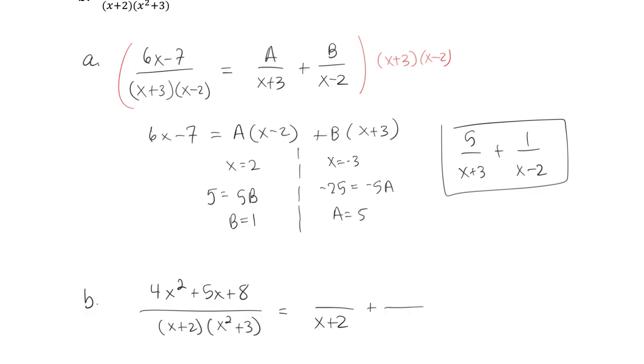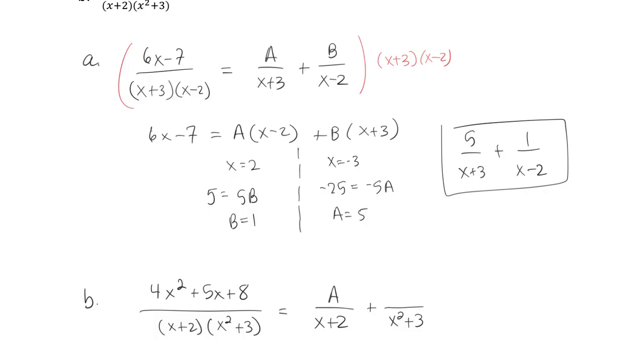One of the denominators is x plus 2, the other one is x squared plus 3. With linear factors, the numerator is always a single value like a or b or c. With an irreducible quadratic factor, the numerator is a linear expression, linear meaning y equals mx plus b. So we have a slope and a y-intercept, mx plus b.